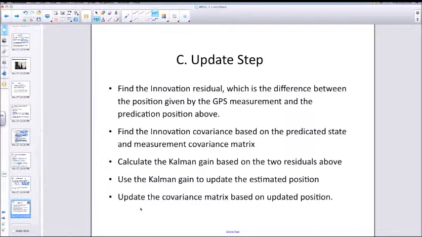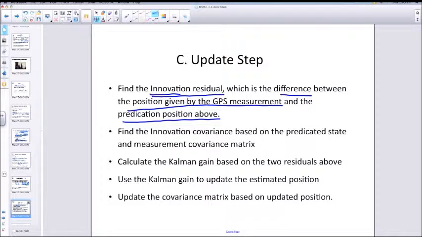So now it goes back again to the update step. In that step, now we introduce a few more concepts. One is called the innovation residue. That residue is an error measure, the difference between the position given by the GPS and the predicted position above.